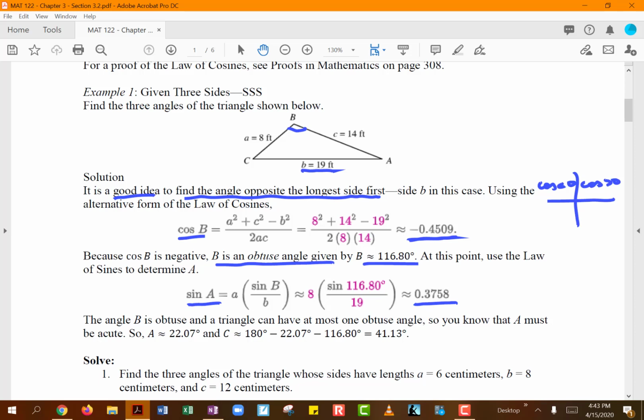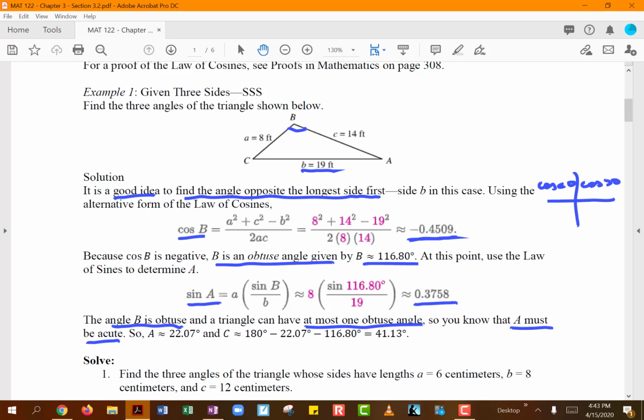Now, since angle B is obtuse, because it's coming out to be 116.80 degrees, and a triangle can have at most only one obtuse angle, that automatically tells us that A has to be an acute angle.